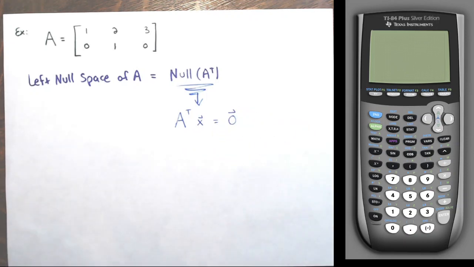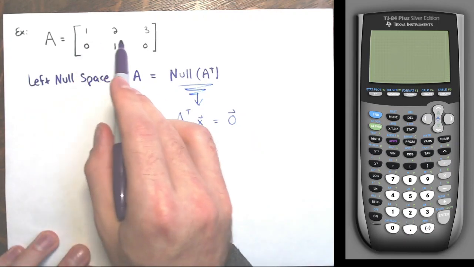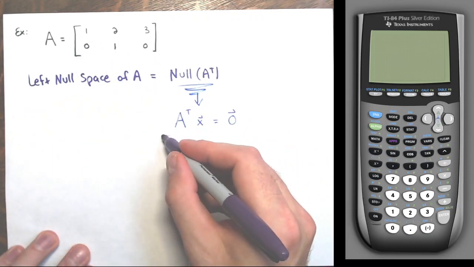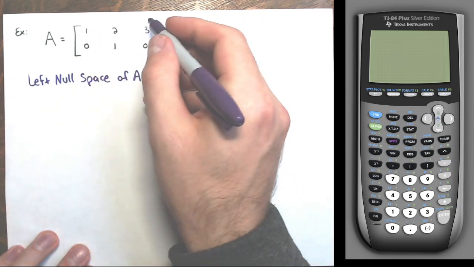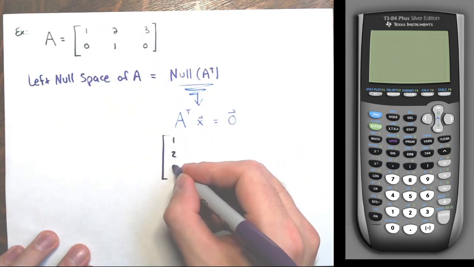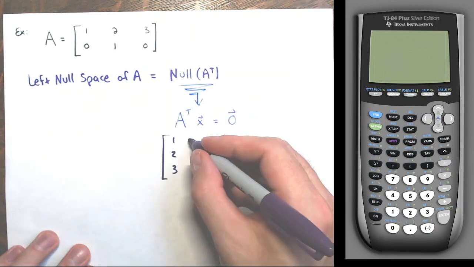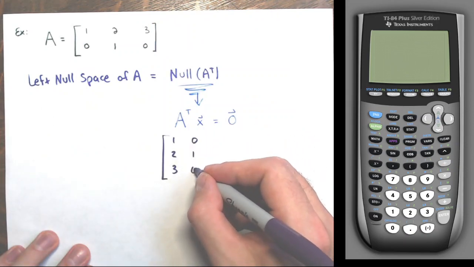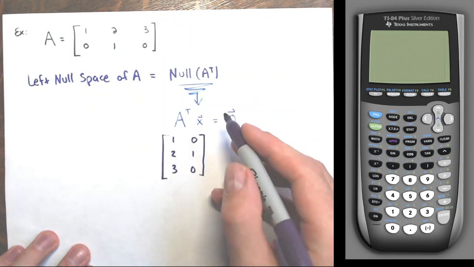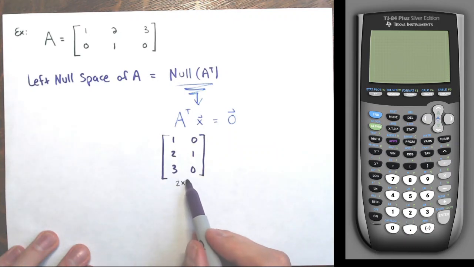All right, and I'll write out what A transpose is. Now this A is a 2 by 3. So A transpose is a 3 by 2, right? The first row of A is the first column of A transpose. The second row of A is the second column of A transpose. Oh, sorry. This A is a 2 by 3.